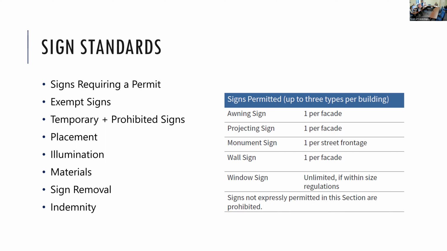So we are identifying awning, projecting, monument, wall, and window signs. Really not even window anymore, we took that out. So awning, projecting, monument, and wall signs require a permit, and window signs, as long as they conform to the regulations, no longer will require a permit. And then all of these subtopics are addressed under the sign standards.